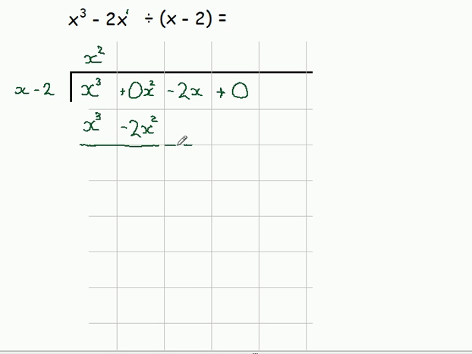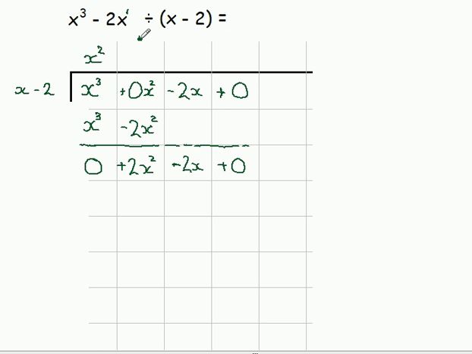So what we do here is top minus bottom. Of course the first term goes to 0 as it must, and top minus bottom, minus 2x squared becomes plus 2x squared. The minus 2x doesn't change, and the plus 0 doesn't change. So I'm done with the first column.